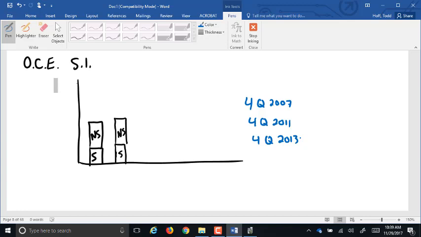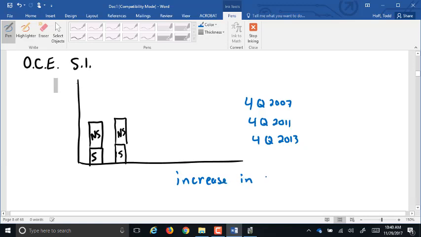Now, the more difficult task is, just by looking at the graph, can you tell me when the sales of non-smartphones tended to decrease? Can you tell me from one period to the next, one where they actually increased? So an increase in non-smartphones. That's really tough to see on the graph, isn't it?